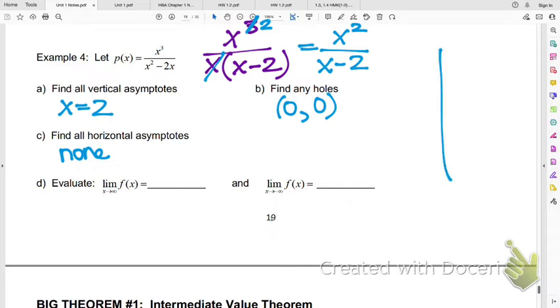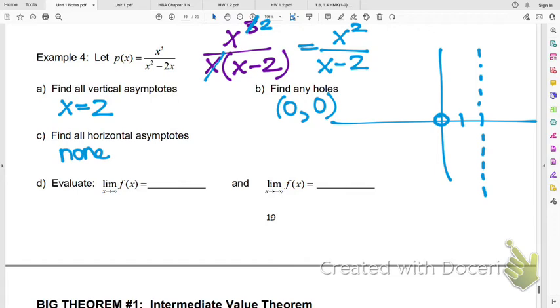So if I was to sketch this, I do know I have a vertical asymptote there. I know I have a hole in the graph at 0, 0. I could do synthetic division to find that. It's lovely, isn't it?